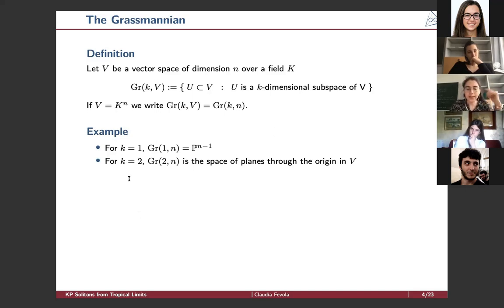As a notation, we write Gr(k, n) whenever the vector space is just K to the n.